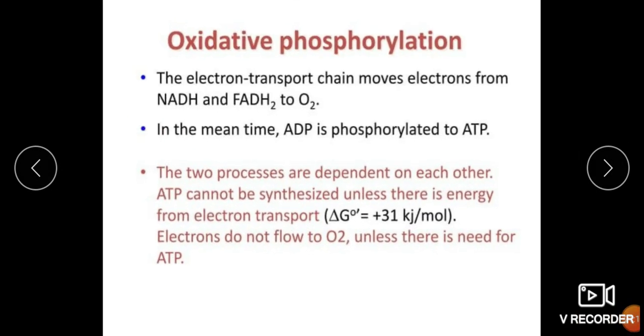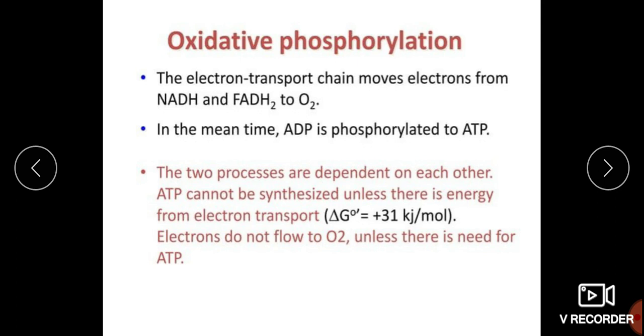In oxidative phosphorylation, the electrons move through the electron transport chain from NADH and FADH2 to O2, where ADP is phosphorylated to ATP. These two processes, electron transport and formation of ATP, are dependent on each other.